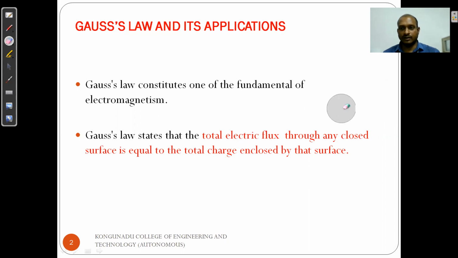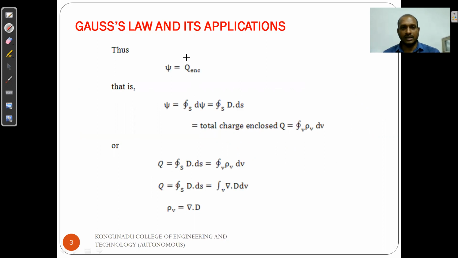Other expressions are also available, so we are going to derive them. Psi is equal to Q enclosed, that is the charge enclosed by the surface. If you integrate a small amount of electric flux, we get the overall flux, that is psi is equal to the surface integral of d psi.